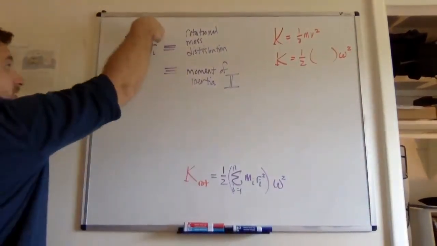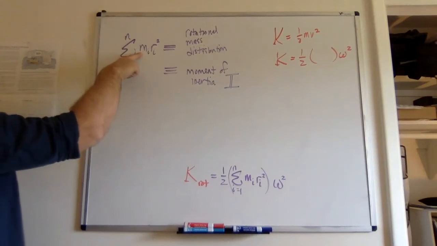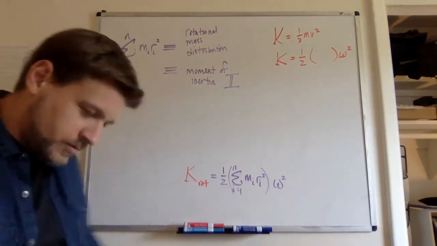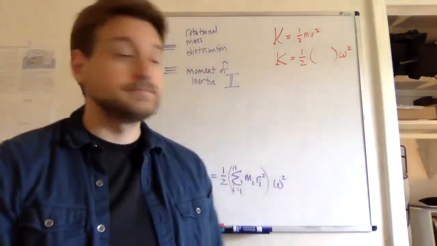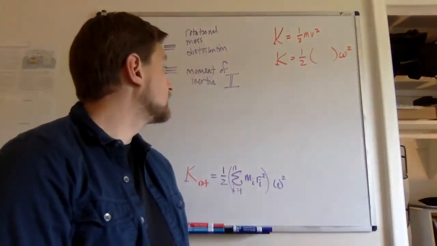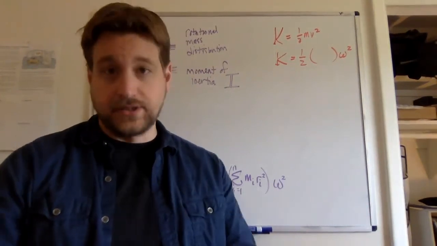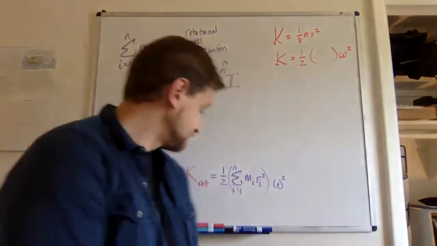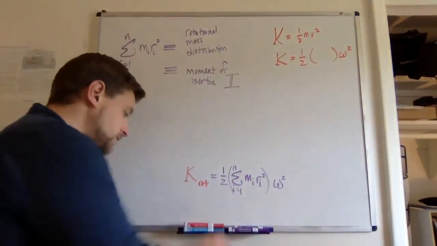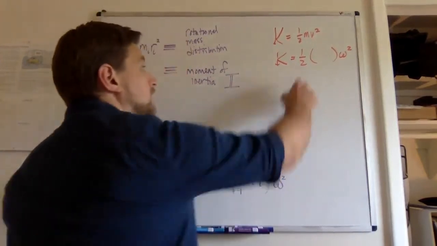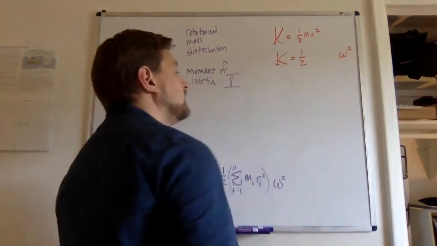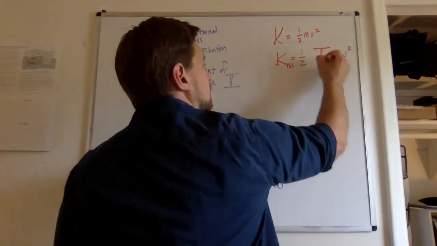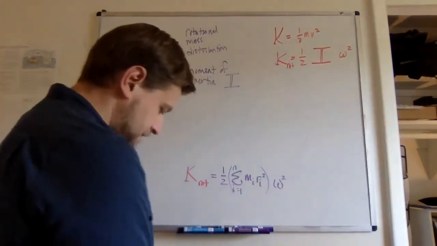The second mass-weighted product with position. Moment, rotational inertia. The textbook calls it moment of inertia. So we can redefine our kinetic energy of rotation: 1/2 I omega squared.